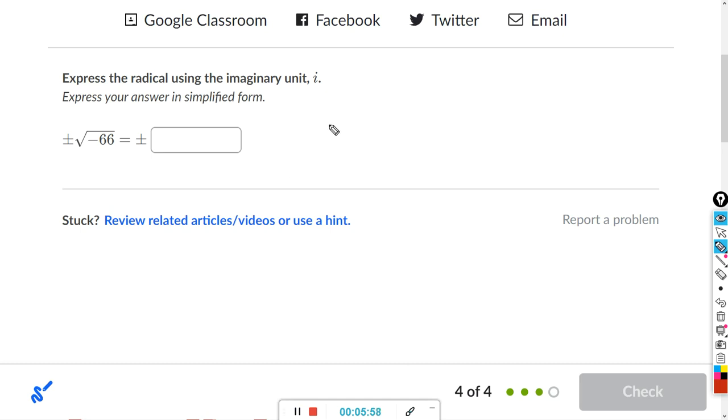Here we have the square root of negative 66. Factor out the square root of negative 1. 66 is positive. Let's see our factors for 66.